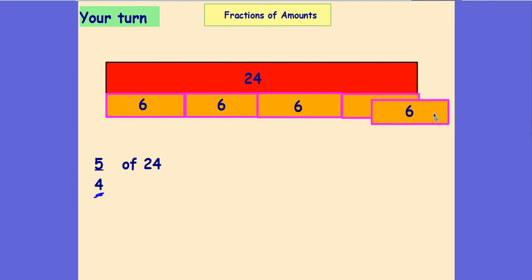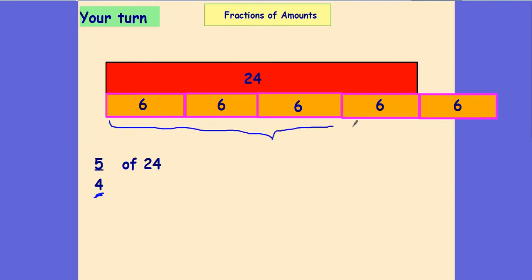However, if I grab one and add it on the end, I've now got 5/4 of 24. 5/4 of 24 means I need 5 of these. So 5/4 of 24 is 6 plus 6 plus 6 plus 6 plus 6, which gives me 30. Which is bigger than 24 because we've got an improper fraction that's over 1, so that makes sense.